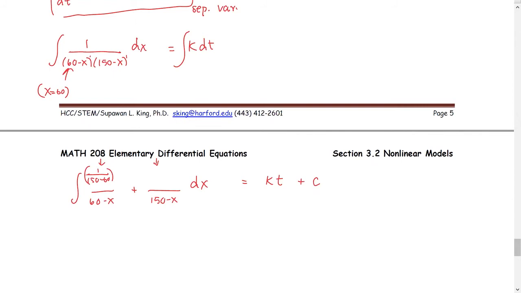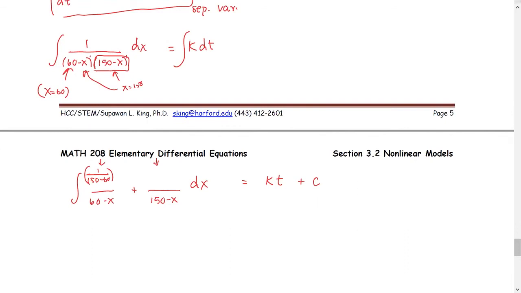Okay. And the second fraction, do it in a similar way. We cover up this portion of the fraction, which is 150 minus x. If we cover this one up, we're going to replace the 0, which is x equals 150, into the other factor of the denominator.